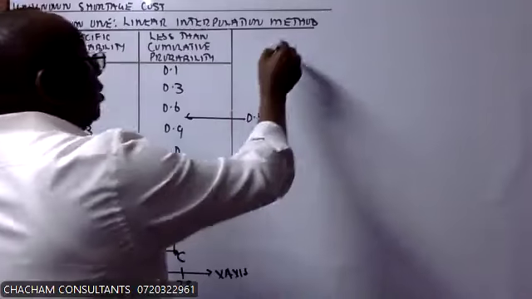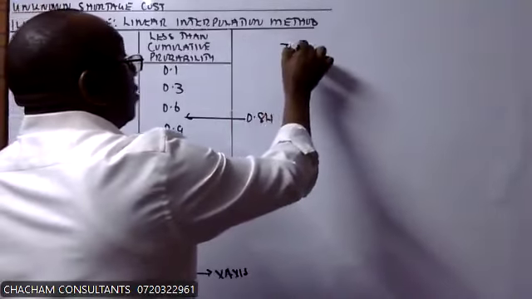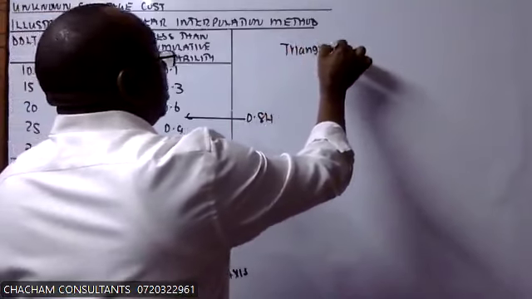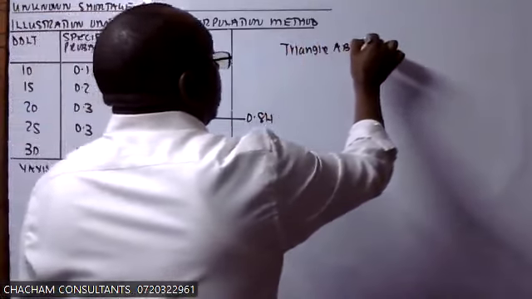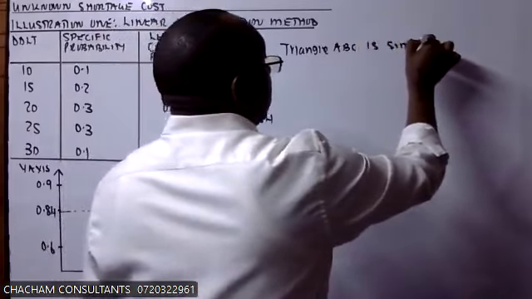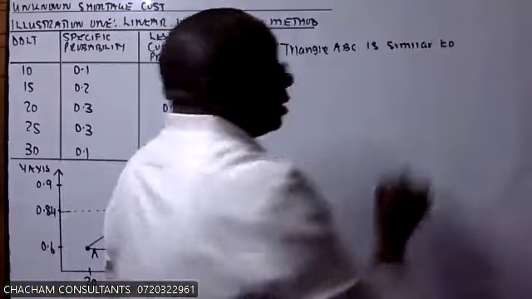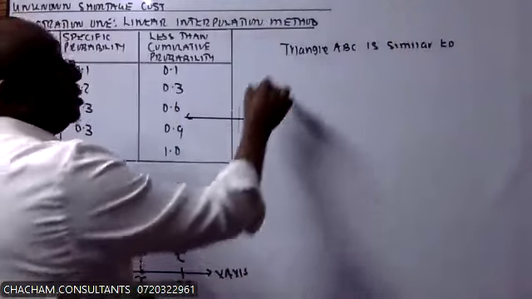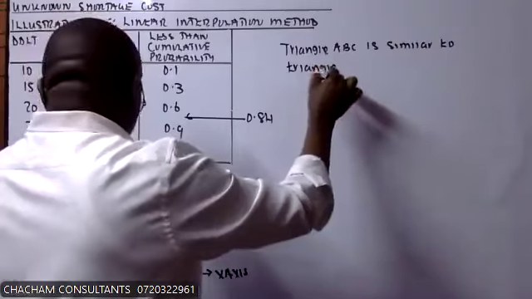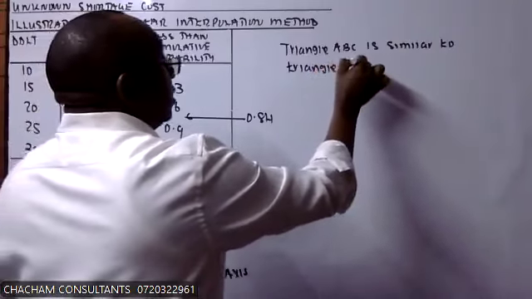After drawing like that, down there you say triangle ABC is similar to triangle ADE.